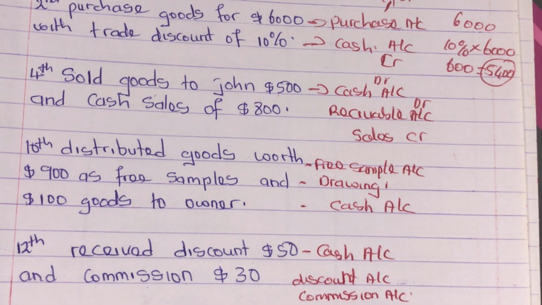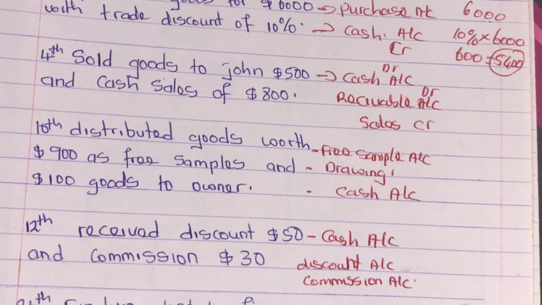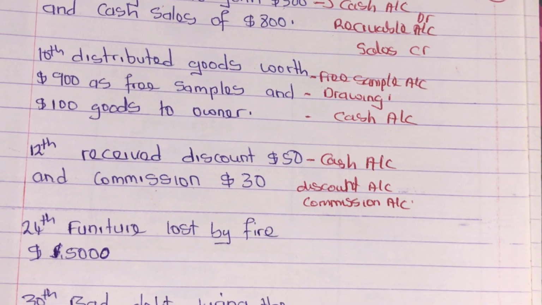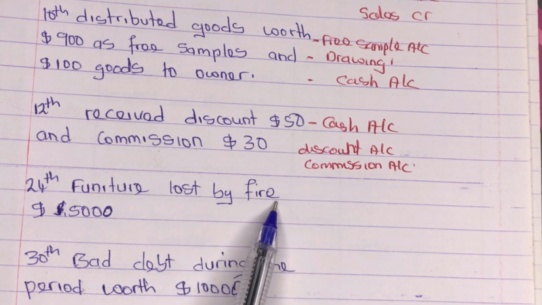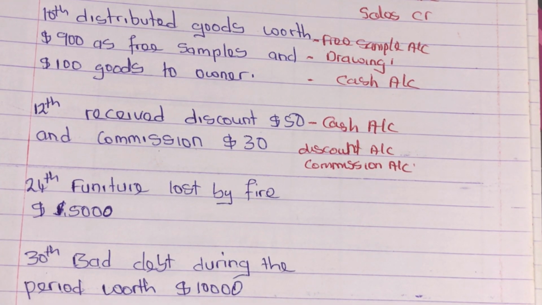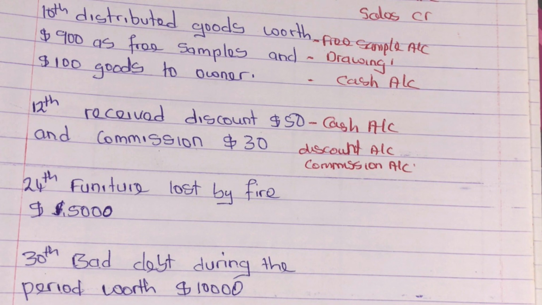The next question says, on the 24th, furniture lost by fire, $5,000. So we need to identify the two accounts in this transaction.